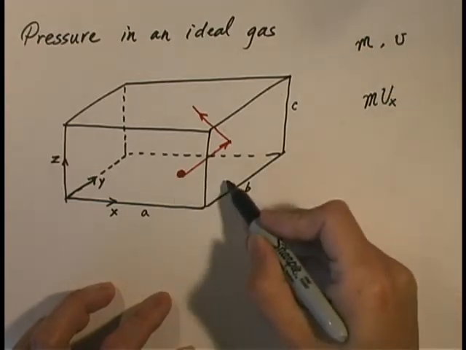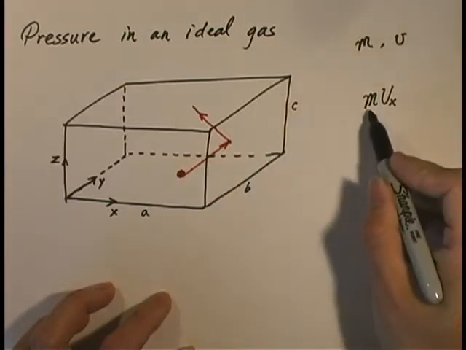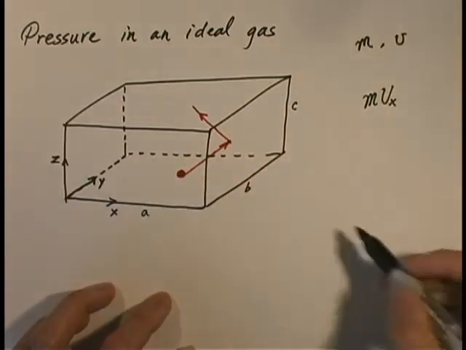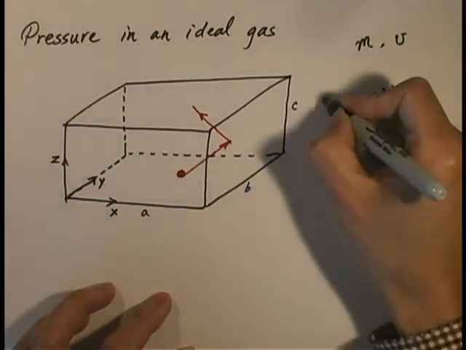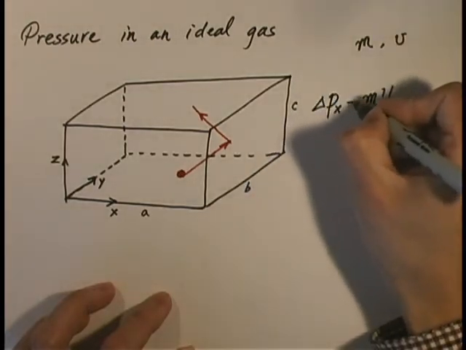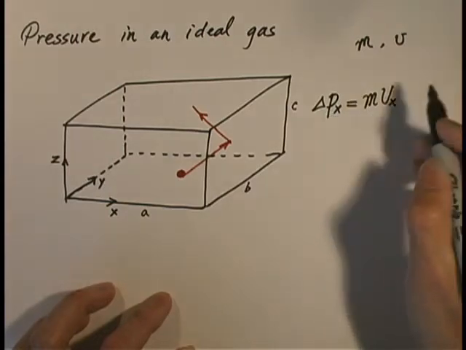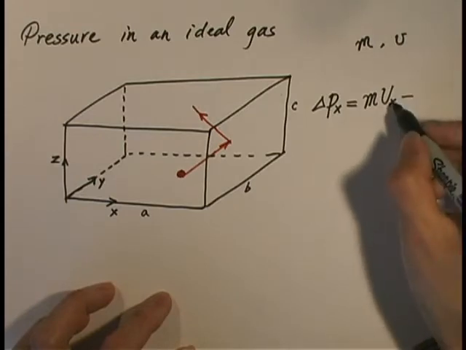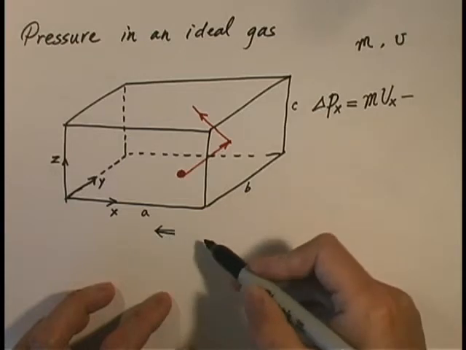Okay, it comes out in the x direction with the same amount of momentum, except vx is now reversed in direction. So what is the total change in momentum in the x direction? What is delta px? That p is momentum, not pressure. Okay, I'm assuming this to be the positive direction, for simplicity.